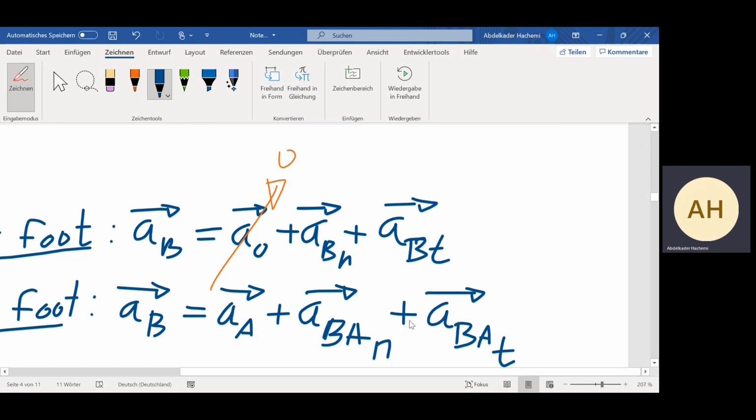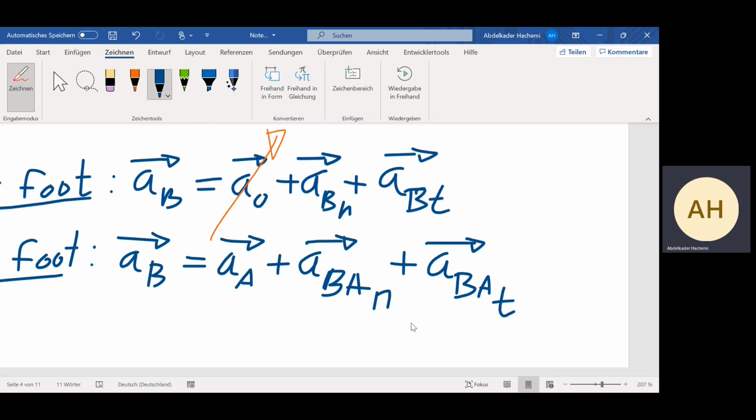Then we can decompose here now. We know that EBN is only omega cross the vector position, and EBT, the tangential one, is omega dot cross the vector position.